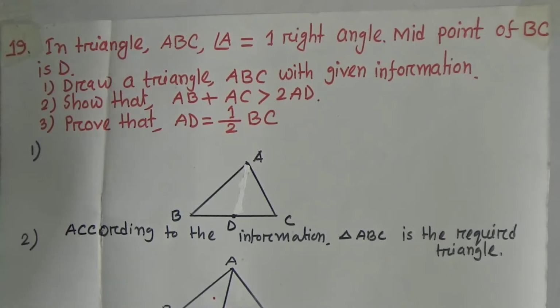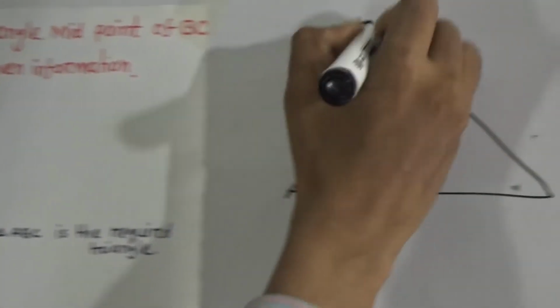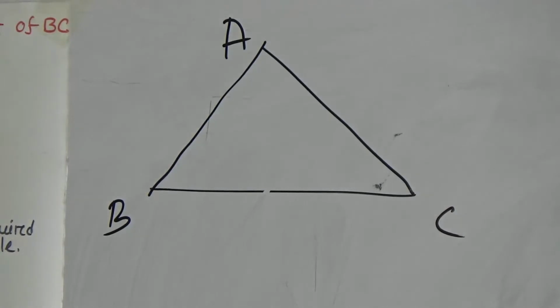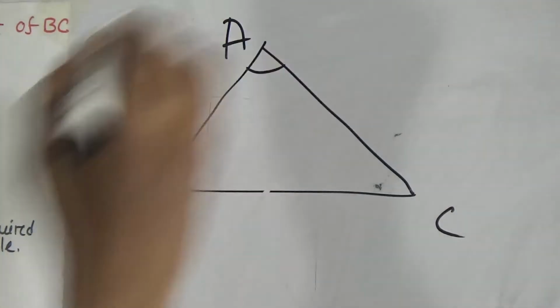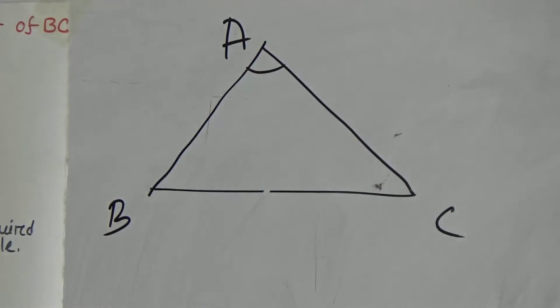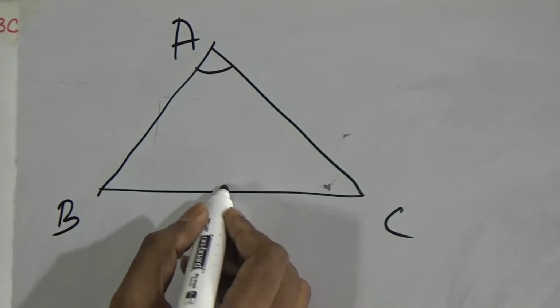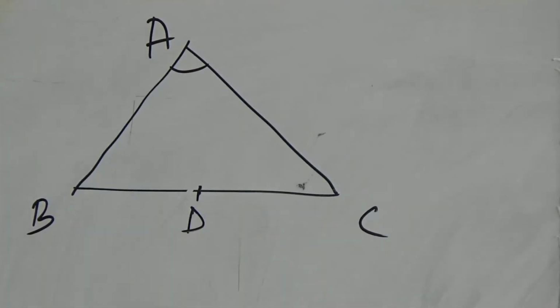Suppose this is the triangle ABC, where A is the right angle, and D is the midpoint of BC.